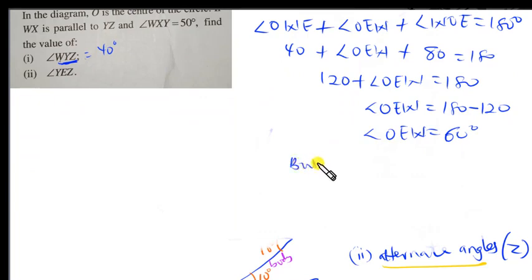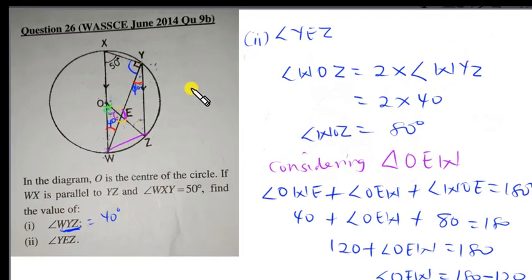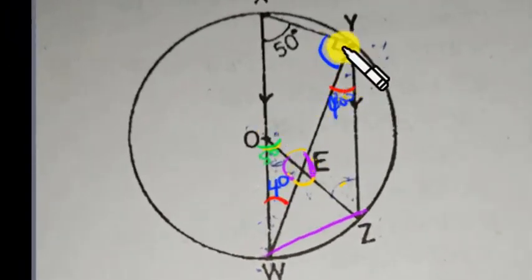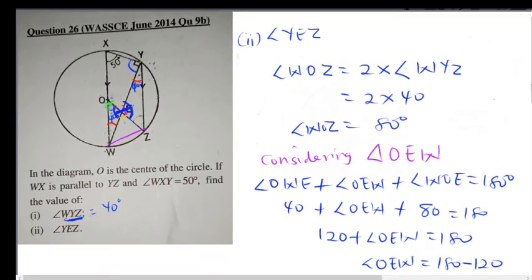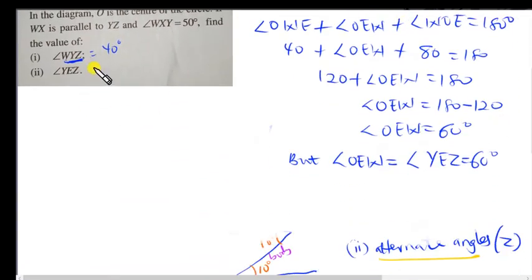But angle OEW is equal to angle YEZ, which is equal to 60 degrees, because the two are vertically opposite. Look at it. We have angle YEZ, and this is the angle we have found, OEW, but these two are vertically opposite, so that gives us 60 degrees. So the angle YEZ is also 60 degrees, as we have found here.